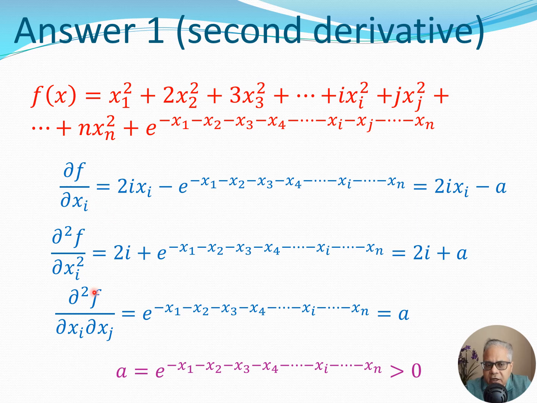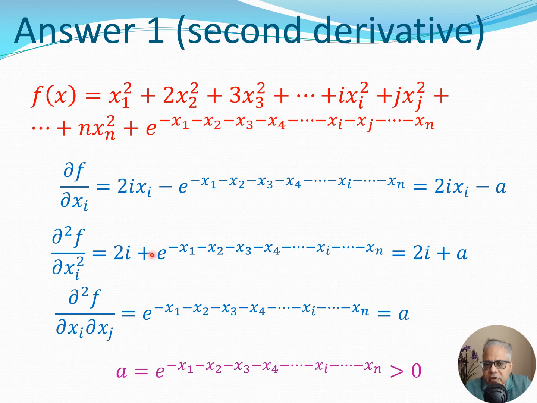So I take the second derivative of f with respect to xi, and so the 2i xi term simply becomes 2i, and the second term, the exponential term, becomes plus e to the power minus x1 minus x2 all the way to minus xn. So remember, whenever we are differentiating this exponential term, it's throwing a negative 1 at me because I'm differentiating it with respect to one of the terms which are in this exponent.